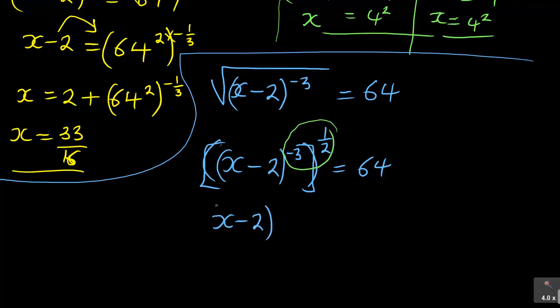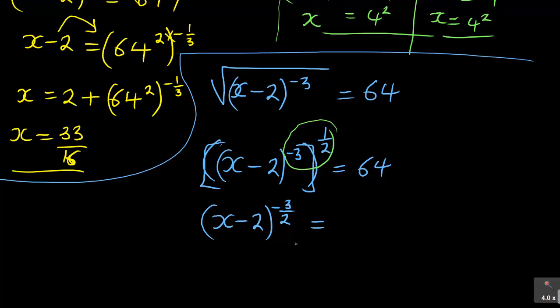Now, negative 3 over 1 times half. This is a negative, so 3 is the same as 3 over 1, so it's negative 3 times 1, which is negative 3 over 2. So that's what you'll be having in this other multiplication there. So you'll have negative 3 over 2, remember these are exponents, is equal to 64.